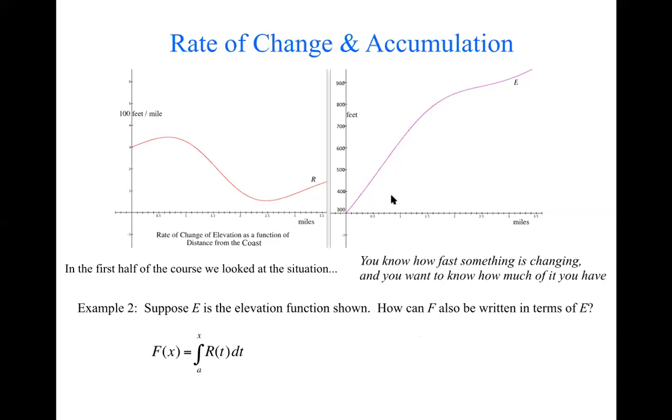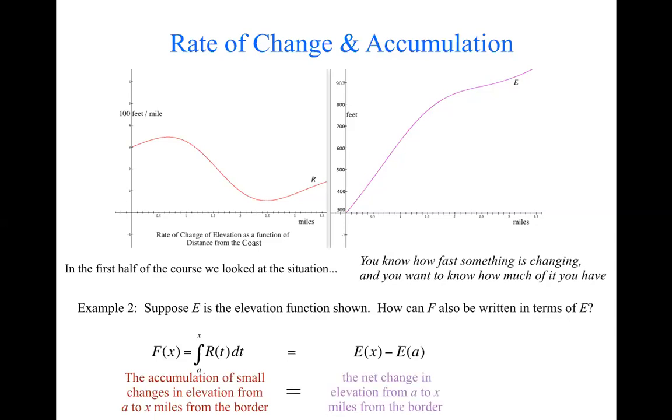So F could be written in terms of this graph of what the actual elevation is at any point, just by subtracting, because the net change in elevation should also be final minus initial. It's this accumulation from one point to another, doing one little piece at a time, should have the same effect as knowing y final minus y initial, the net change in a known value.